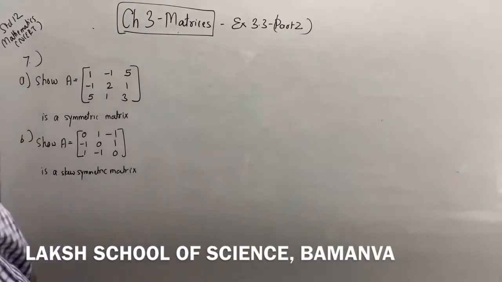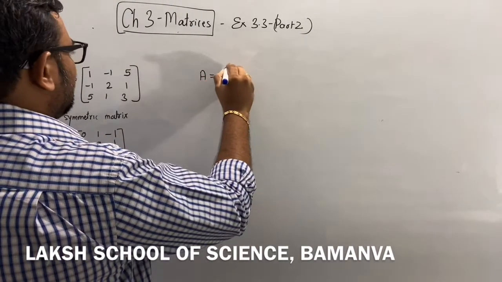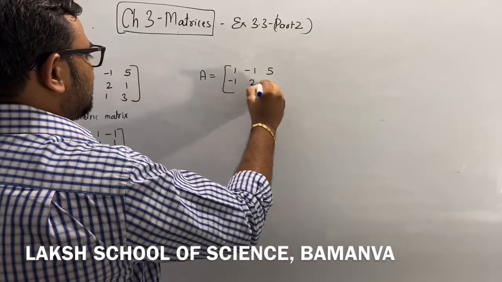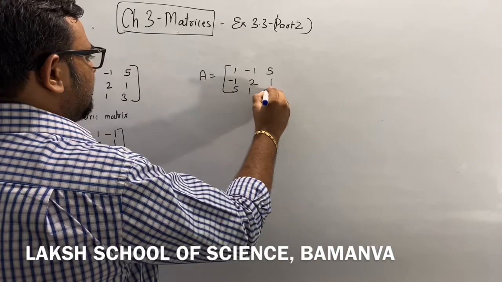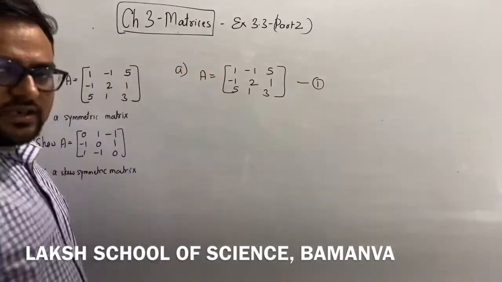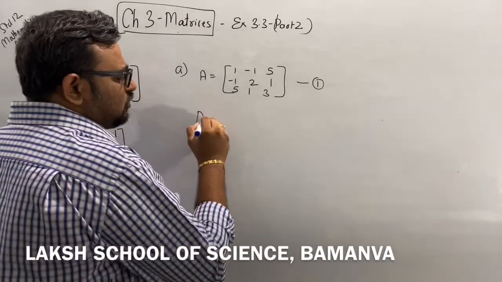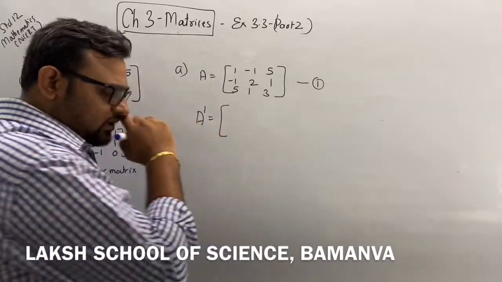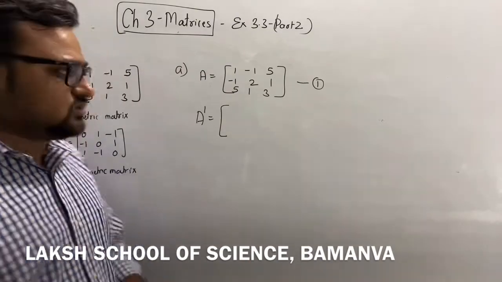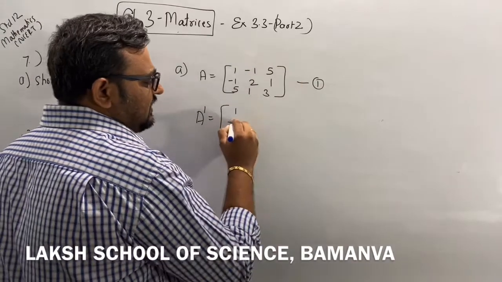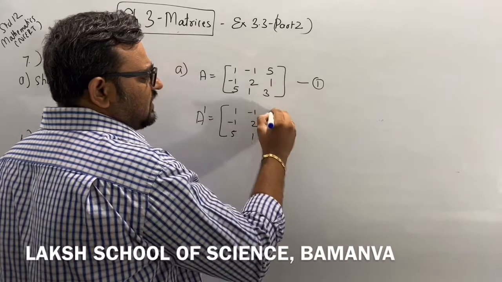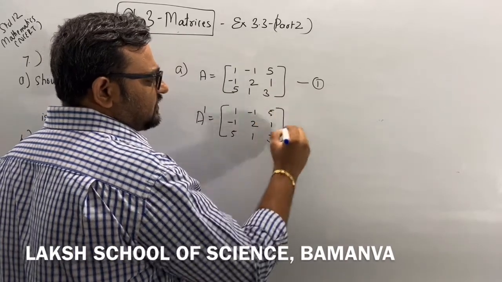Matrix A is given: A equal to 1, minus 1, 5, minus 1, 2, 1, 5, 1, 3. Let's name it 1. Now the transpose of A: convert the rows into columns and columns into rows. That is the transpose: 1, minus 1, 5, minus 1, 2, 1, 5, 1, 3.